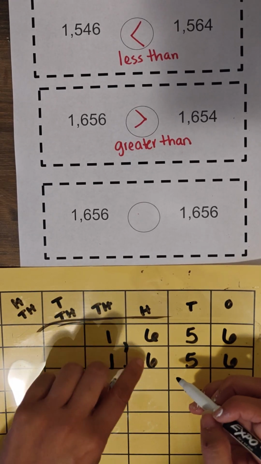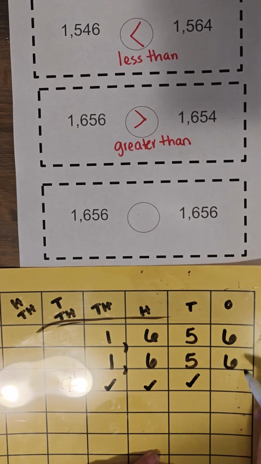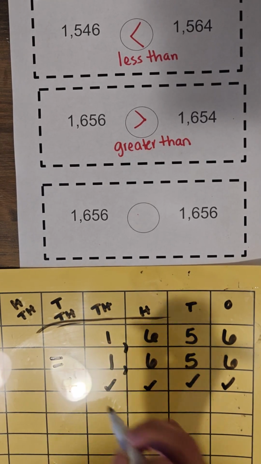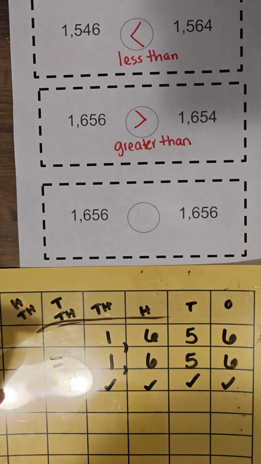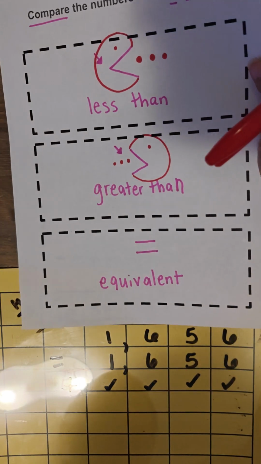Those are equal. 6 and a 6, check. 5 and a 5 are the same, and then 6 and a 6. Okay, so based on this, they have all the check marks. This means that these are equal. So we're going to go ahead and look for our last symbol, which is the symbol for equivalent, this one right there.